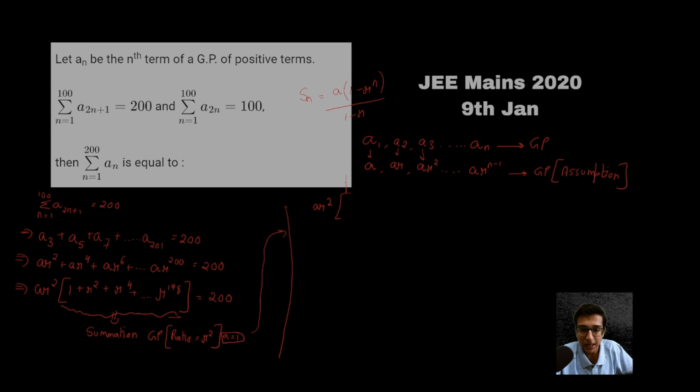The value of A for this one is 1, into 1 minus R to the power n. Since there are 100 terms in this GP, if you look carefully, you can see that the final term, the nth term here, is R to the power 198. You can calculate it using the formula of Tn that we had studied, or I'll show it to you.